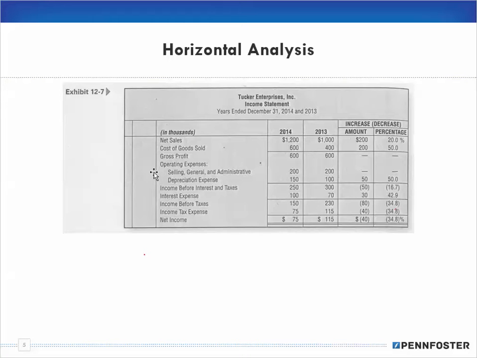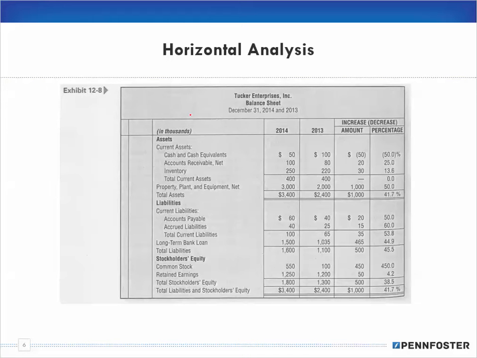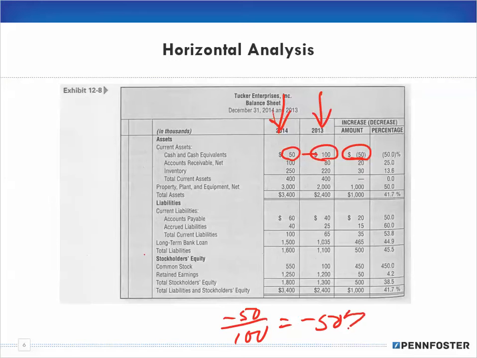If we go down to our balance sheet, we have the same exact thing. Here's our balance sheet with our 2014 figures and our 2013 figures. Notice I have $50 and 100, so I'm down $50. When I take minus 50 divided by 100, I get minus 50%.